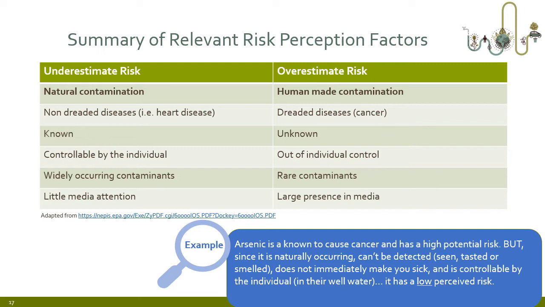Second, because it does not make you sick immediately, and exposure is often within control of the individual, it has a low perceived risk, despite the actual risk of adverse health consequences following exposure being potentially very high. For example, chronic exposure to arsenic carries an increased risk of bladder and skin cancers.